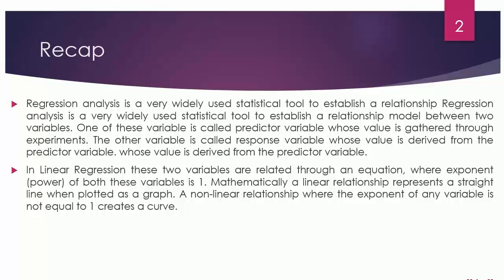In linear regression analysis, the predictor variable and response variable are related through an equation where the exponent of both variables is 1. Mathematically, a linear or straight line relationship exists. A nonlinear relationship, where the exponent of any variable is not equal to 1, creates a curve.